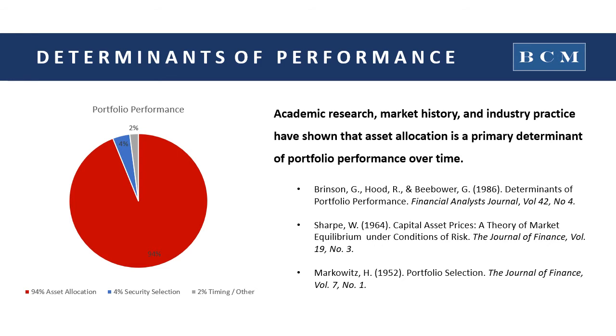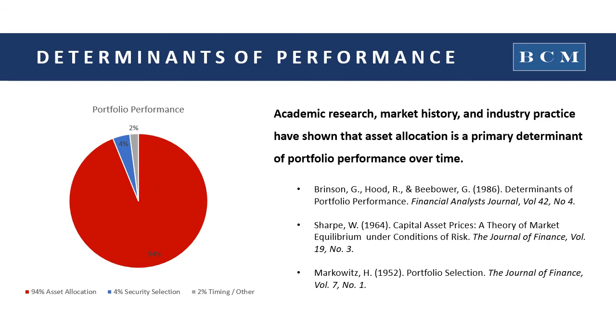And it found that roughly 94% of portfolio performance could be explained by asset allocation decisions over time. There have been additional studies as well. Some show that it's more like maybe 70%, maybe it's 80%. But whether it is 70, 80, or 90%, it is still the biggest slice of the pie. And that makes it very, very important, if not the most important investment decision.